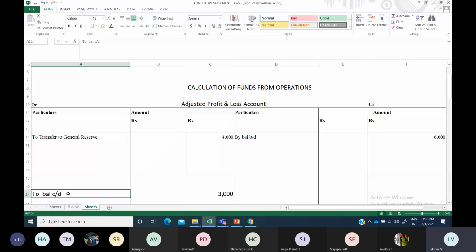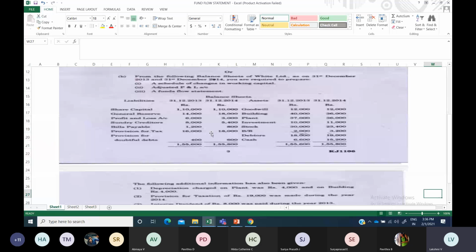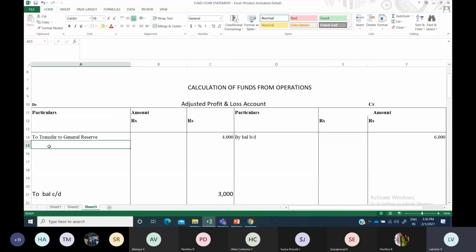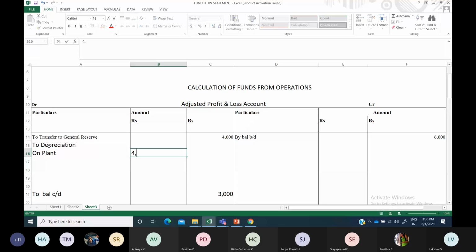And then depreciation and such items will come here. Depreciation on plant 4,000, on building 4,000, has been given in the additional information. So you just mention "to depreciation on plant", and the amount, and "on building", 4,000.